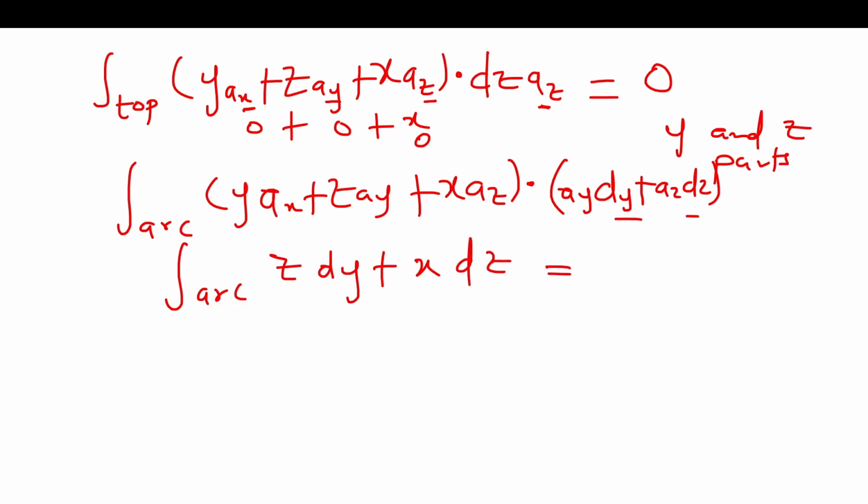This can be rewritten as z dy plus x dz. We know that x is equal to 0, so this will go to 0.